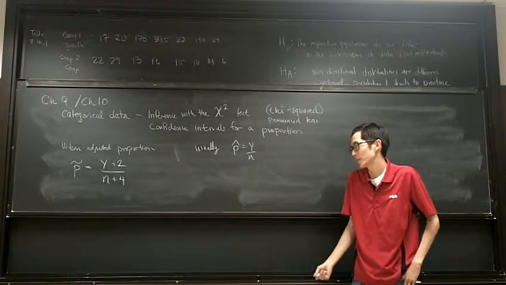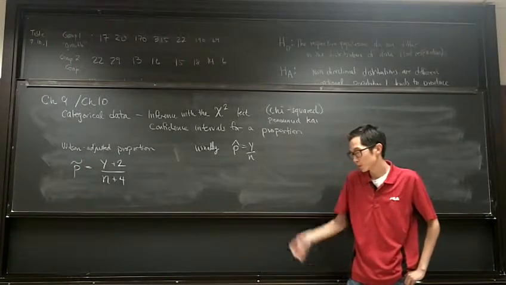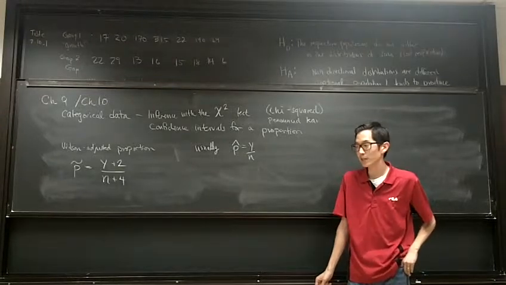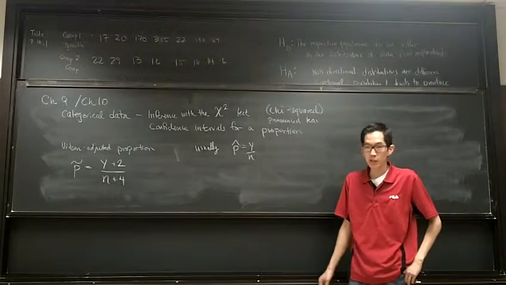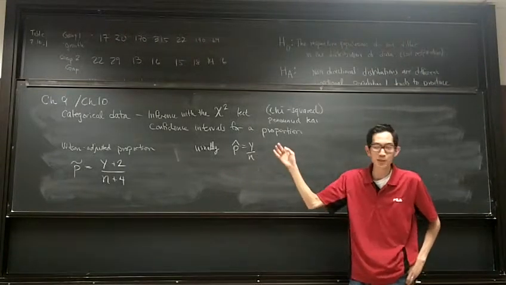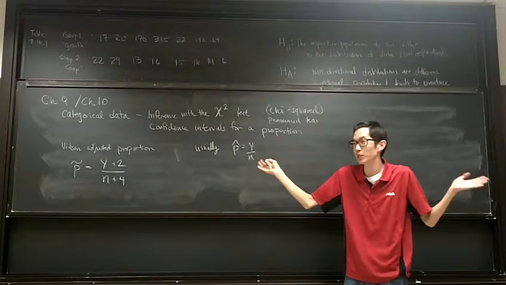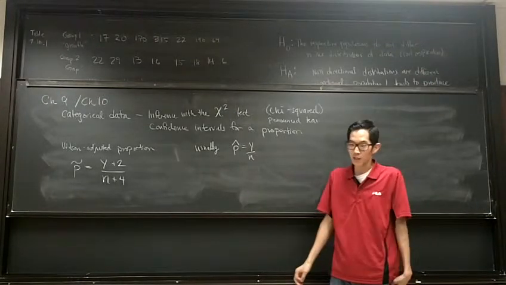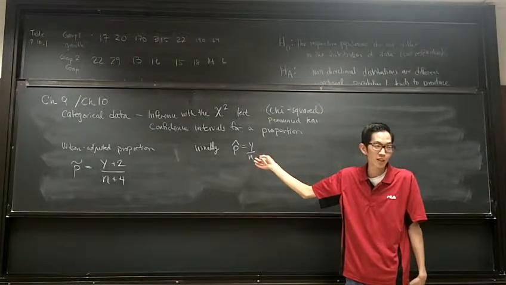Let's say we were looking for millionaires, the 1%. We take 100 random people, but we didn't happen to get any millionaires in our sample of 100 random people. So our p hat would be 0.